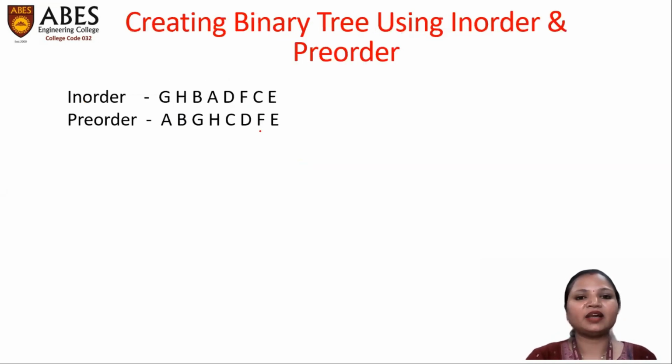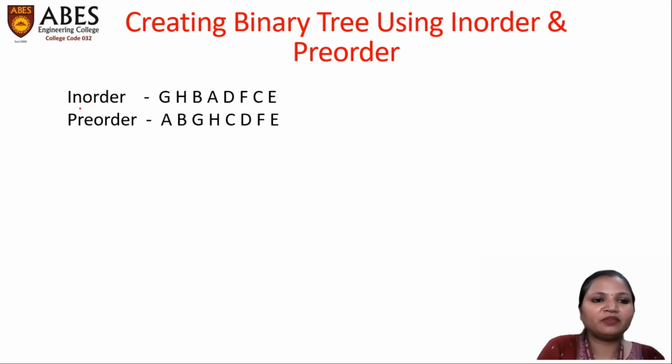Now let's create a binary tree. As we know, a binary tree is a tree in which we can have 0 child, 1 child, or at most 2 children. So here we have been given the inorder and preorder. In preorder, what is the sequence? Root, left, and right.